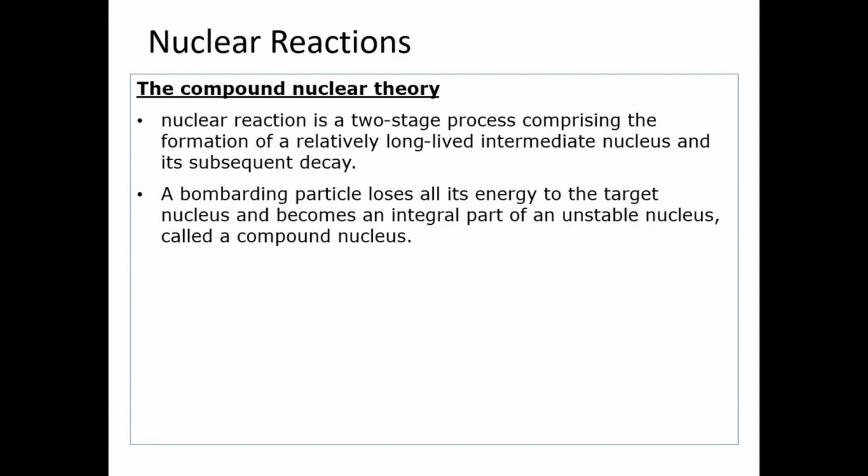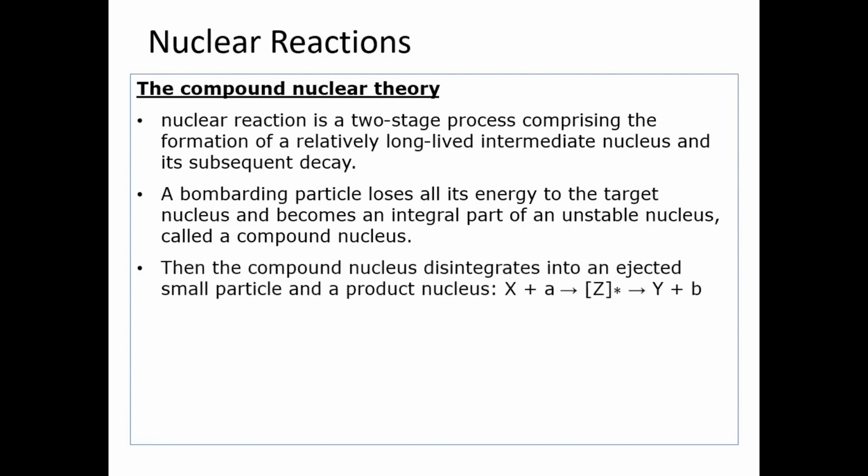So a bombarding particle first loses all of its energy to the target nucleus, and then it becomes an integral part of the unstable nucleus. This nucleus is termed the compound nucleus. The compound nucleus is really unstable. Then it disintegrates into two parts: one is the ejected small particle, and the other is a product nucleus.